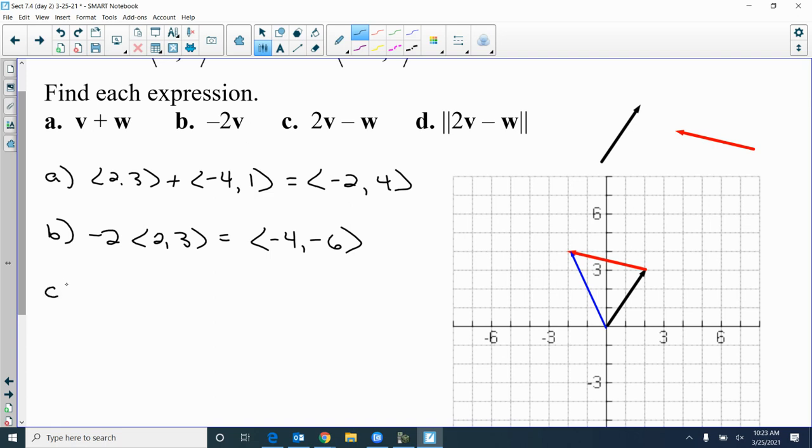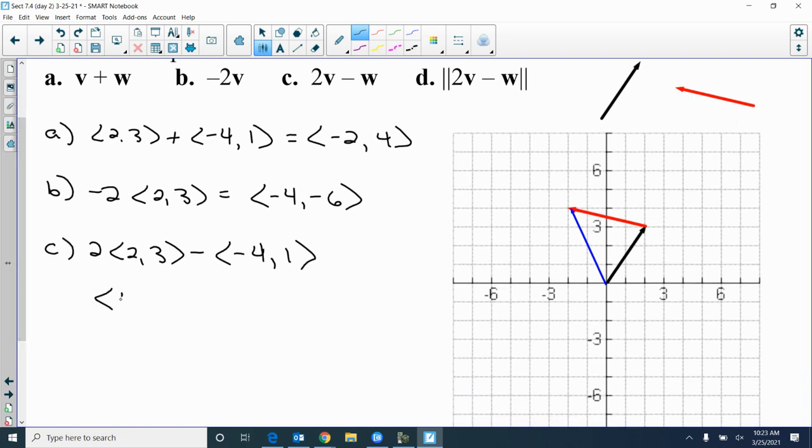C, 2V minus W, so 2 times 2, 3 minus W, which is negative 4, 1. And I get 4, 6 minus negative 4, 1. 4 minus negative 4 should be positive 8. 6 minus 1, did I do that right?